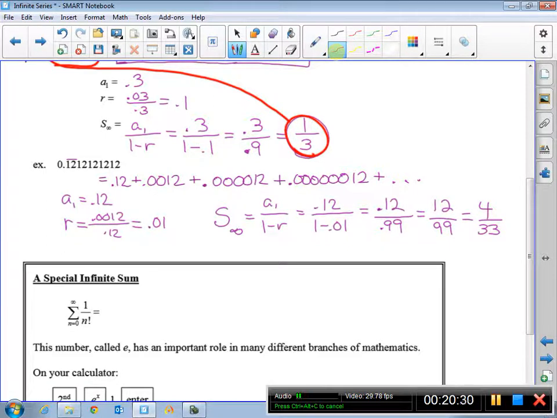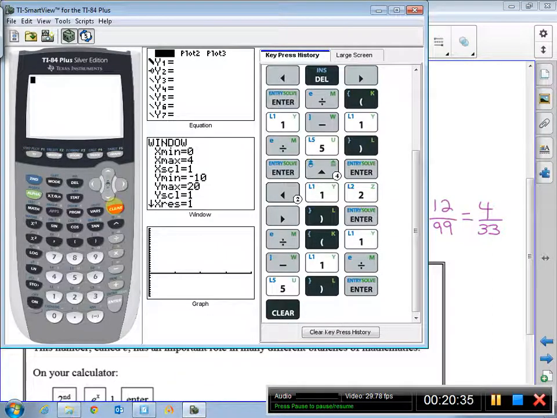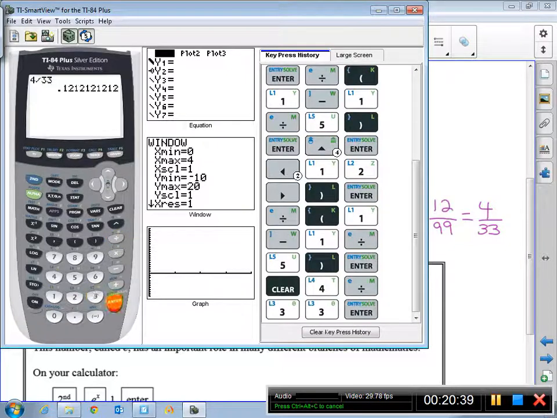So we know as a fraction, we can even try that. 4 divided by 33 is 0.12121212 repeating.